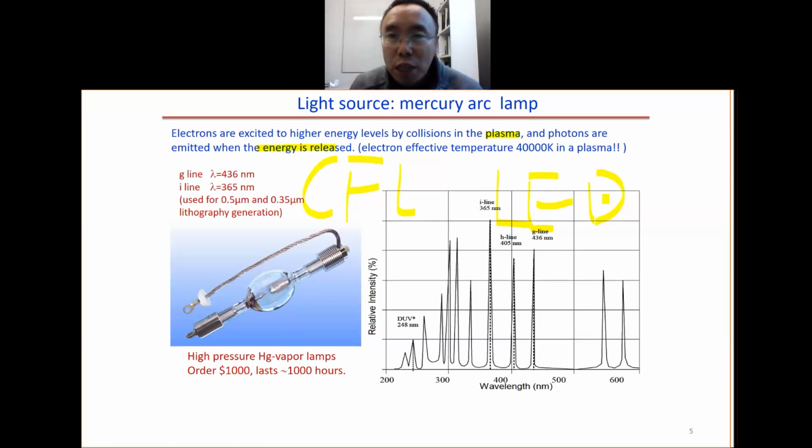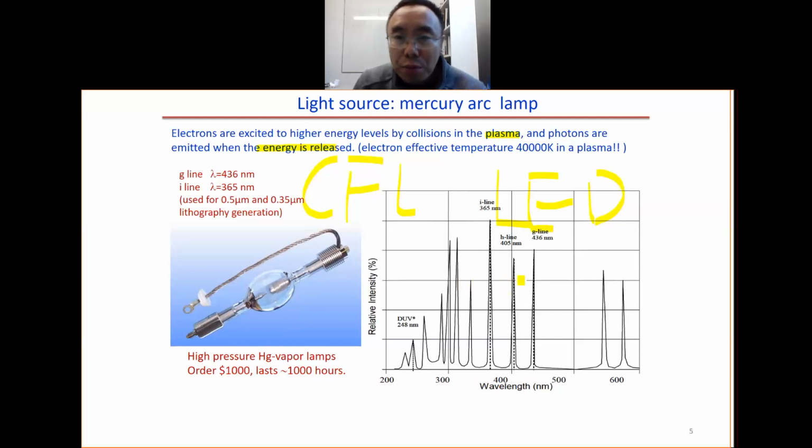Right now we mainly use LED light, but before this we used a lot of CFL, compact fluorescent lighting. This one also uses the mercury arc. So we have the mercury vapor inside the CFL light. Then we put some fluorescent material on the glassware to convert the UV light into visible light.